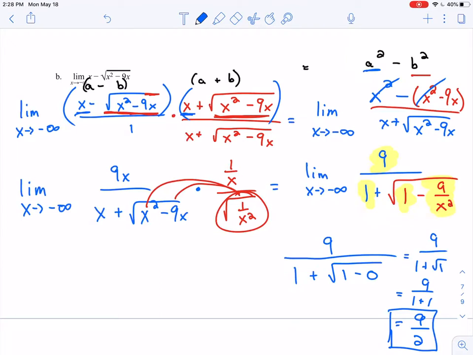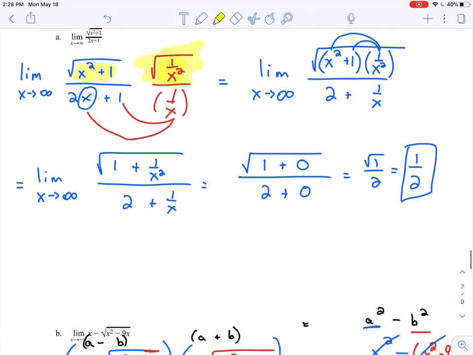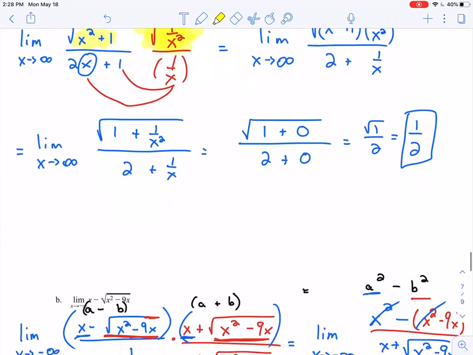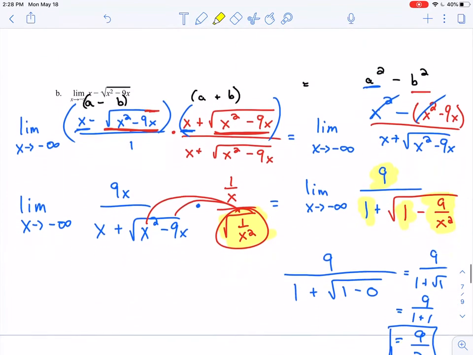If you're going to use this same technique when evaluating limits at positive or negative infinity, we do need this extra crucial step of rewriting that 1 over the highest power of the denominator so that it has a radical. We have to make sure we do that here if we're going to have any sort of success with this technique.